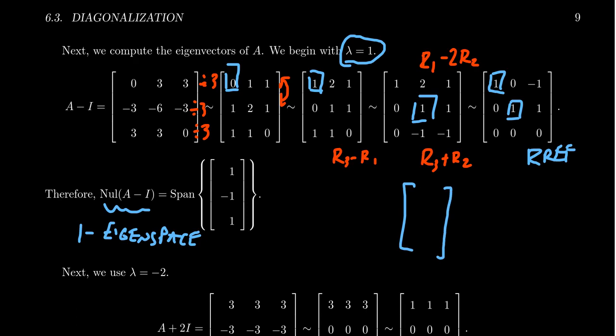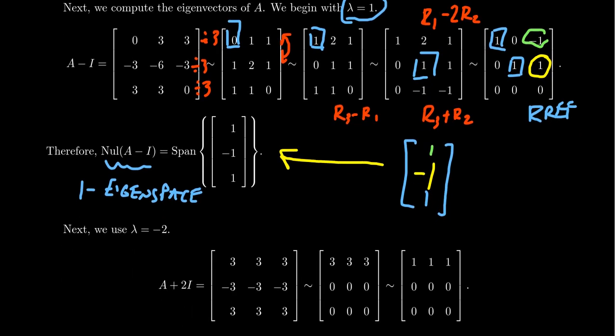We have just one free variable in the third position. And so we are going to grab these numbers right here and write their opposites. So we get a 1 for the first variable, and since we had a 1 right here, we're going to get a negative 1 right here. And that's exactly this vector right there. So we get our first eigenvector: 1, negative 1, 1. It forms a basis for the eigenspace, and this gives us an eigenvector we want.